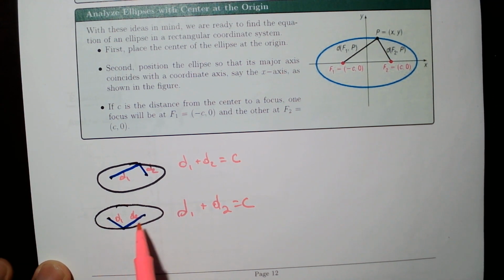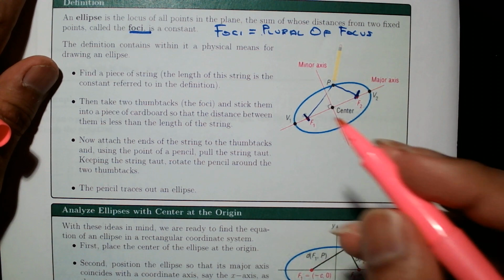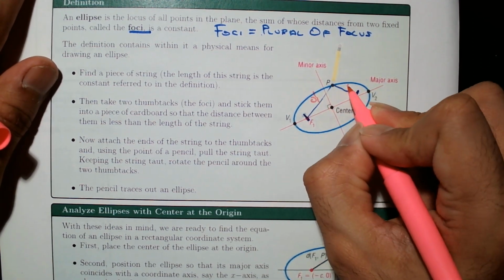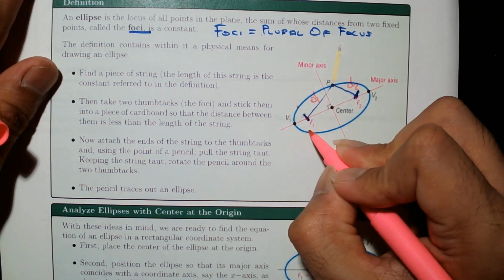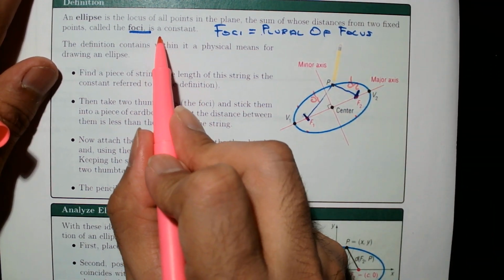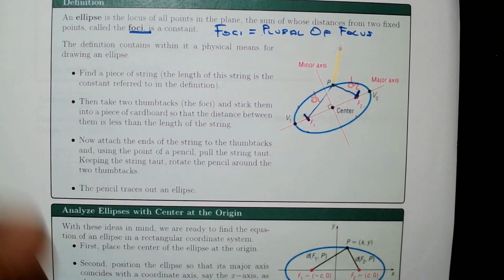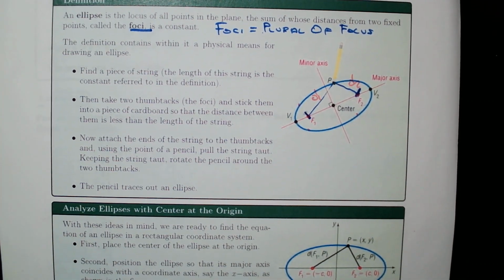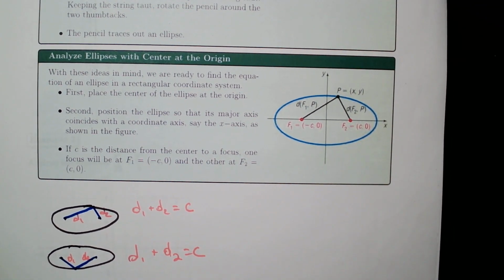Wherever you put the pencil, like on the picture above, right here, this distance, D1 and D2, if you add them together, no matter where the pencil is, those two distances add up to a constant.